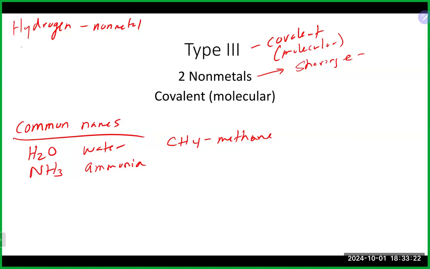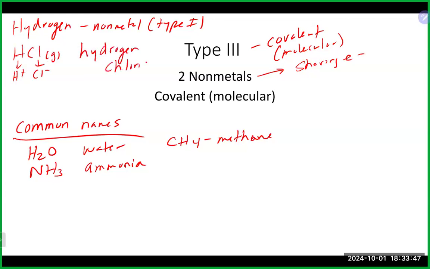We just name it like a type 1 compound. So as I wrote a second ago, if I had HCl, which was not an acid, we would think of this as H plus and Cl minus, even though they're really sharing electrons. And we would name this hydrogen chloride. Same thing if we had HBr, again not an acid: hydrogen bromide.